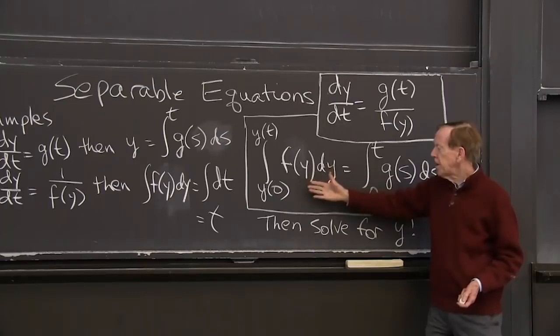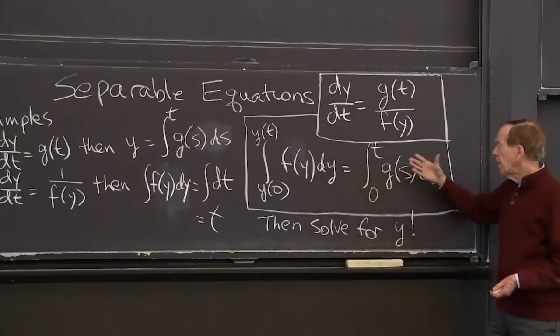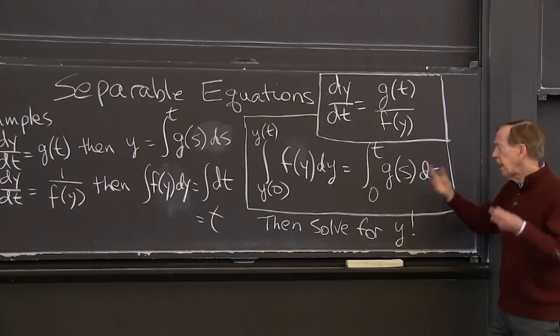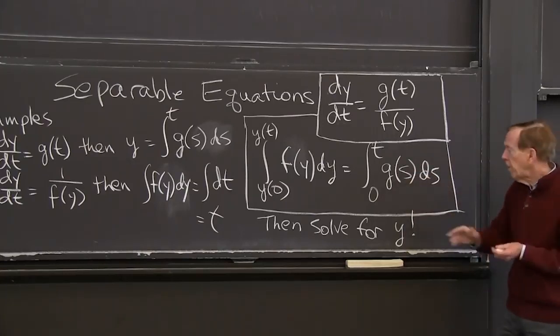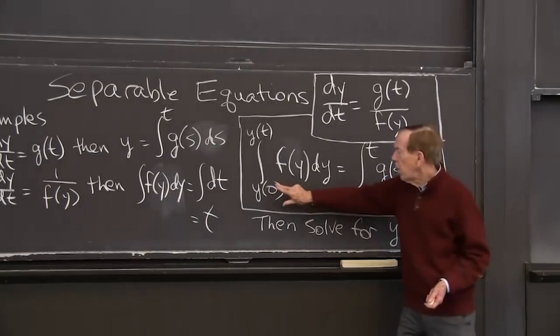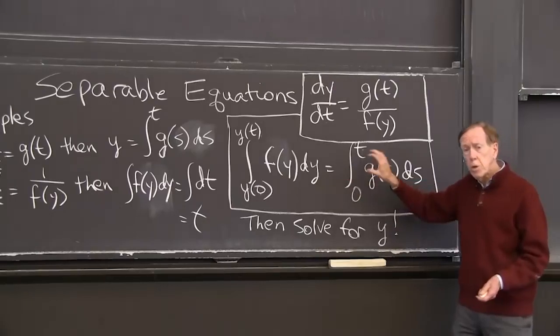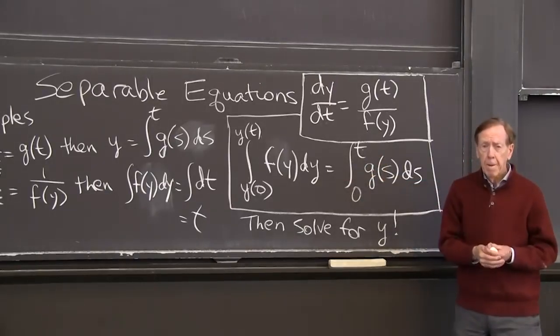The left side is an integral with respect to y. The right-hand side is an integral with respect to t, or a dummy variable s, the integral going from 0 to t. This integral goes from y of 0 to y of t. Those are the two integrations to be done.